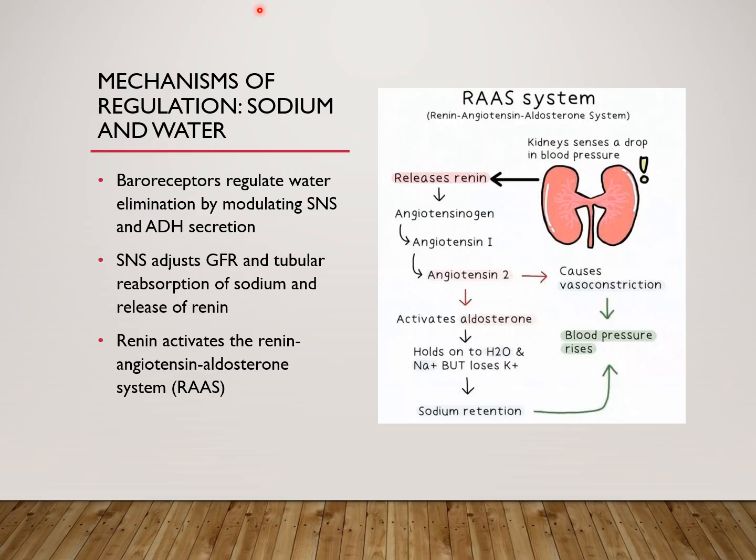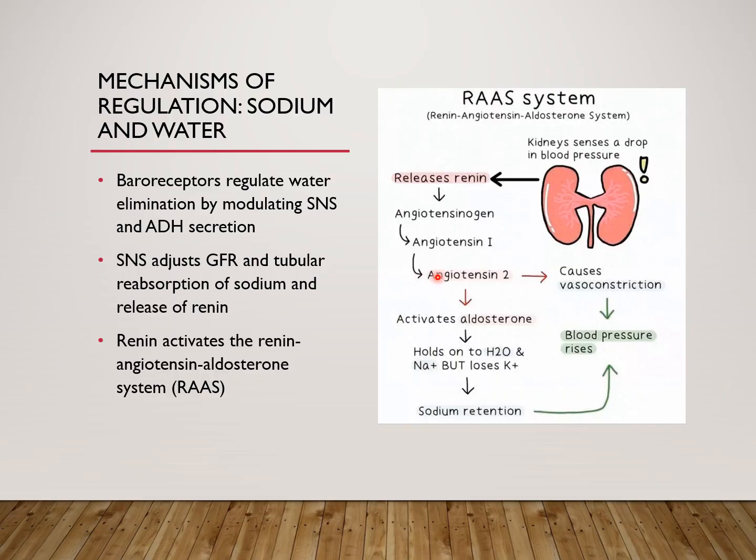So again, renin is an enzyme, and when volume drops, the kidneys release renin into the bloodstream where it interacts with a circulating plasma protein called angiotensinogen to make something called angiotensin 1. Then another enzyme called angiotensin converting enzyme converts that angiotensin 1 to angiotensin 2.